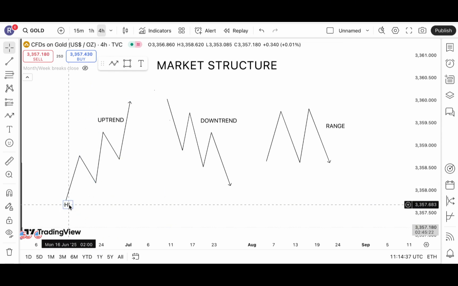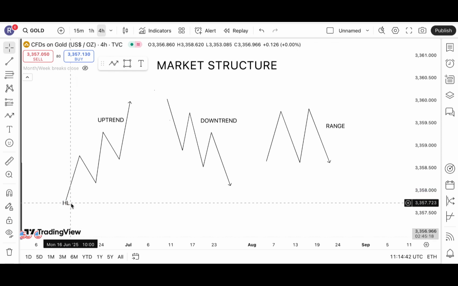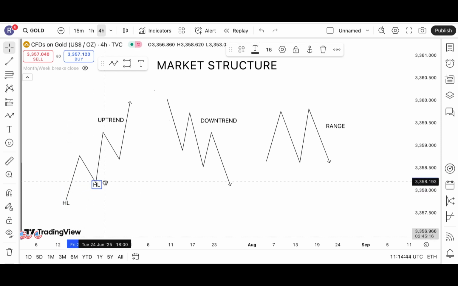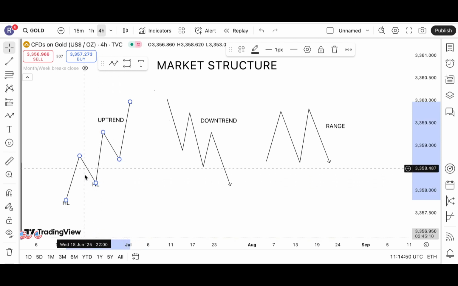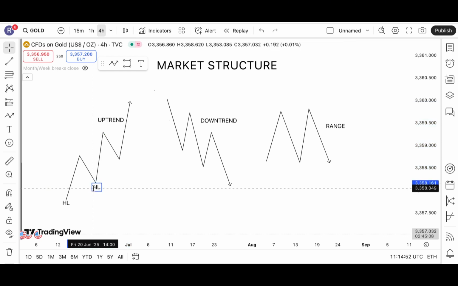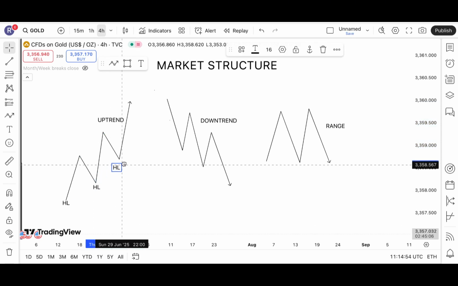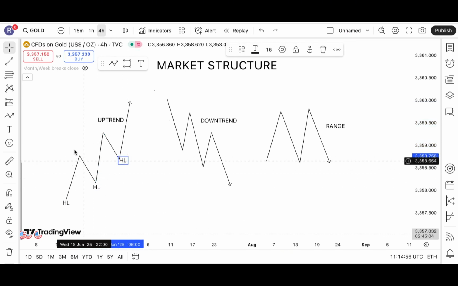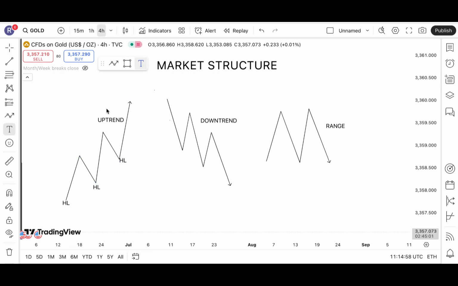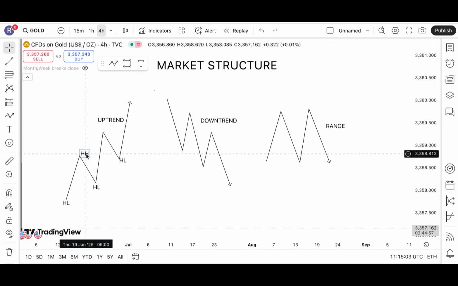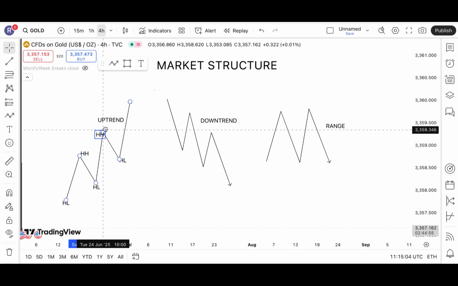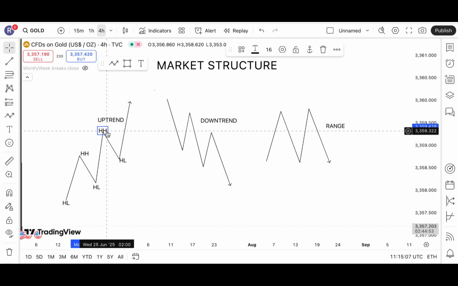There's another higher low. And then when it is making highs, it's making higher highs, as you can see here. Higher highs, higher highs.